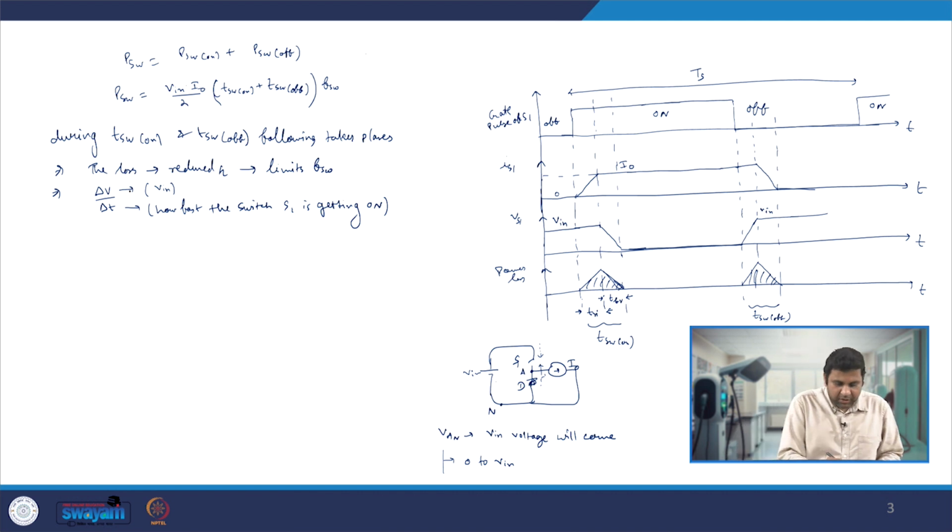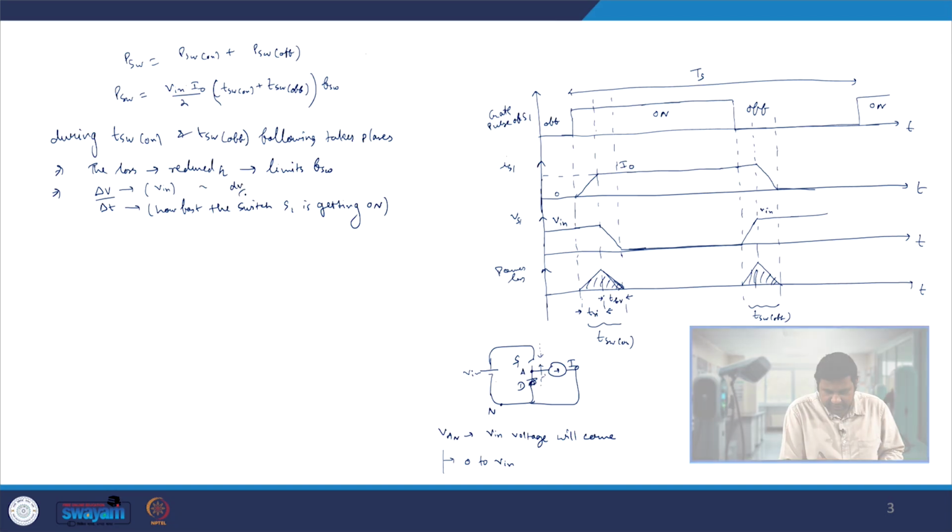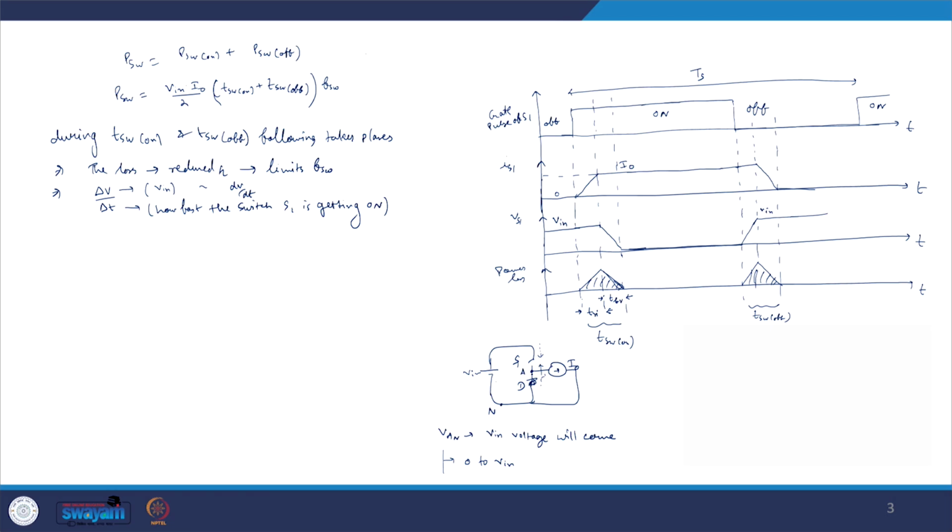So this has a good amount of dV by dt, which is coming at the output of the bridge.